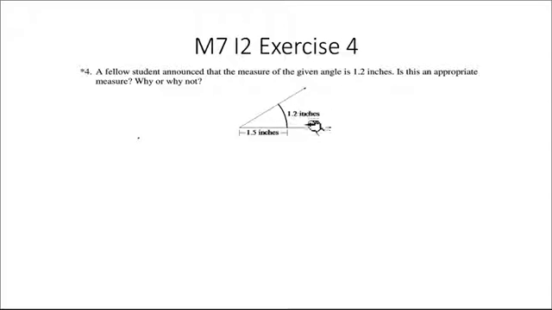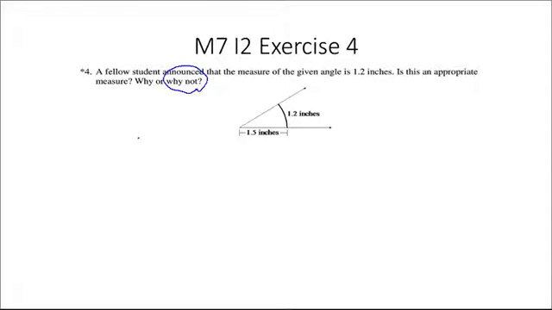Now, 1.2 inches and 1.5 inches are part of the bigger picture, in that the 1.5 inch radius dictates the size of the circumference, and this arc of 1.2 inches represents a fraction of that circumference. But to say that this arc of 1.2 inches is subtended by an angle of 1.2 inches is obviously not correct.